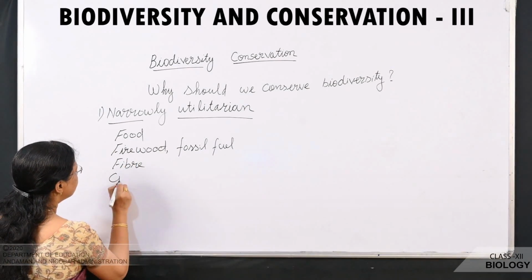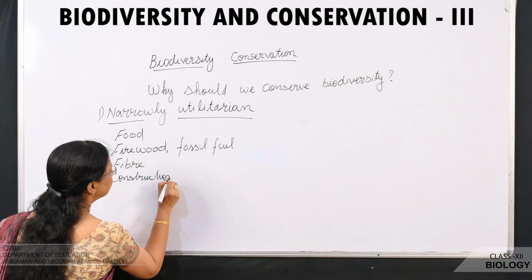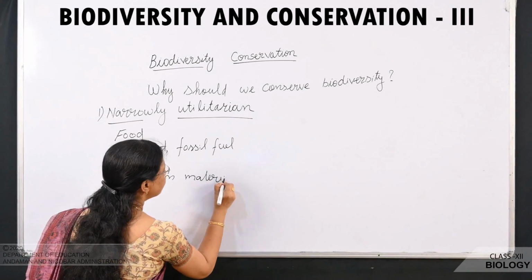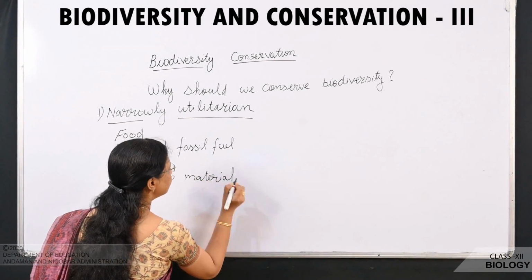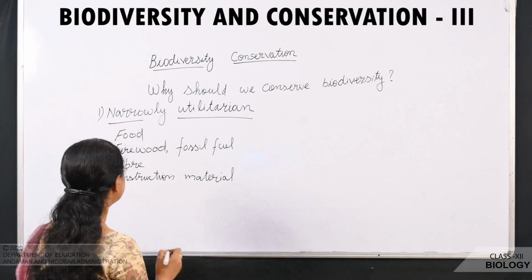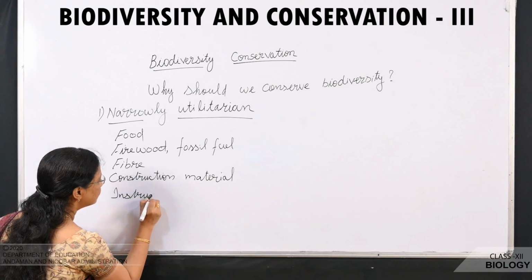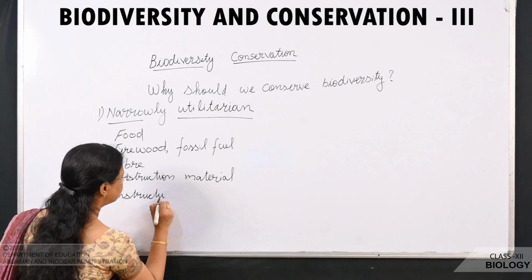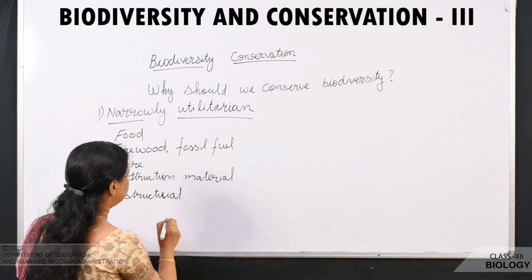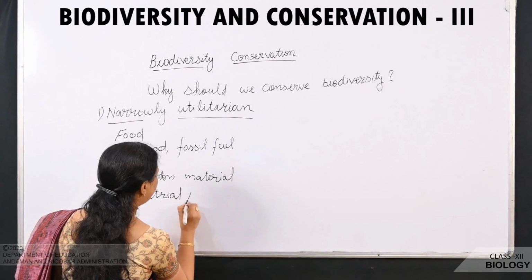Next is construction material. This construction material we are getting from nature in the form of timber. Okay. Next is industrial products.